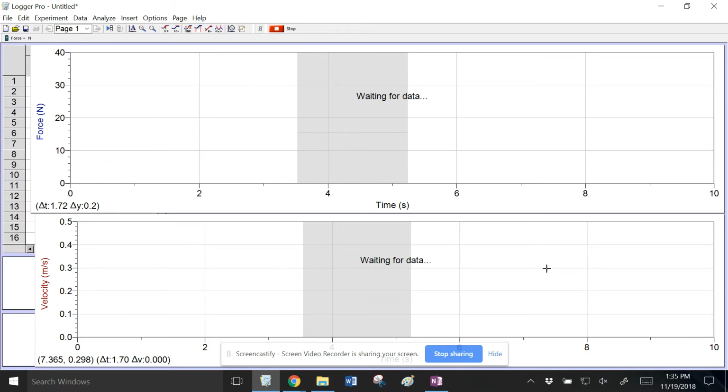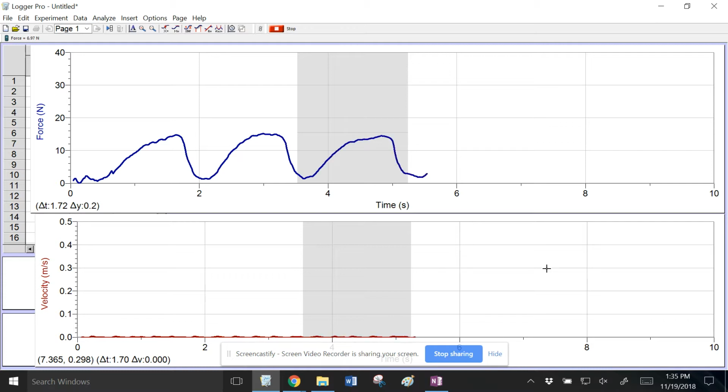I did this. Okay, and so the Pear Deck is asking that. Is there friction involved here? How do you know?